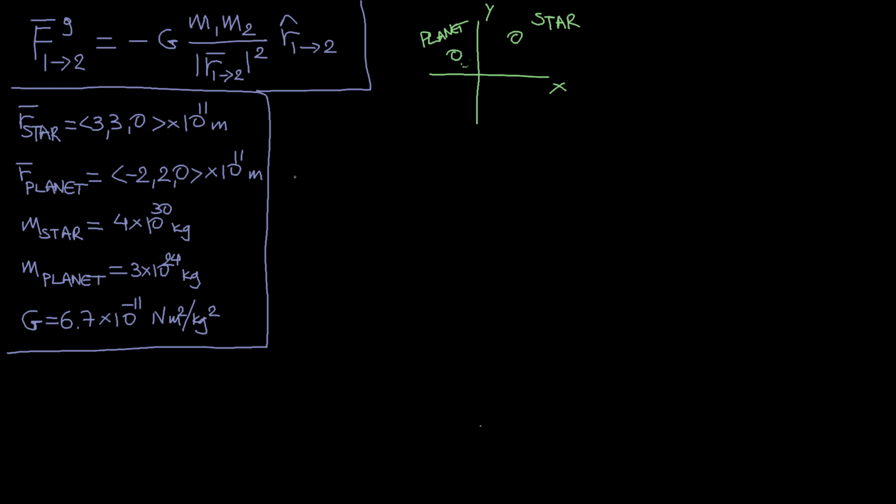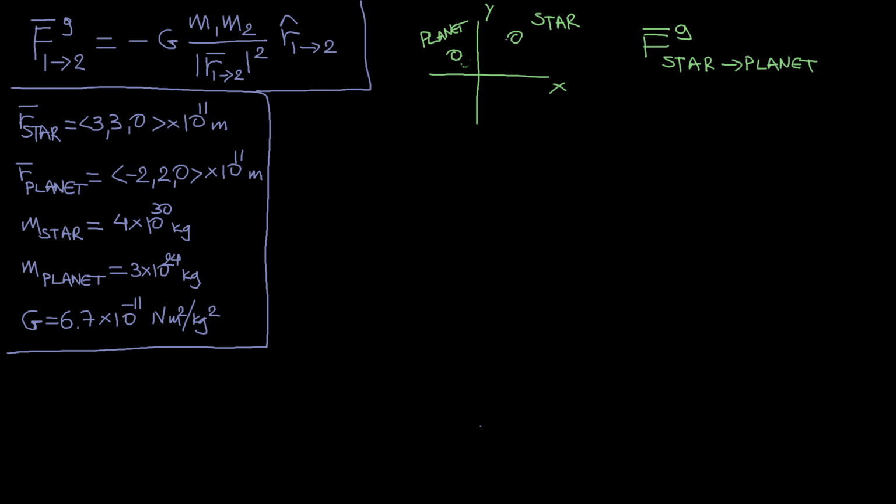Now I want to calculate the gravitational force that the star exerts on the planet. So the gravitational force from the star on the planet. Now, I know that since this is an attractive force, the force will point towards the star.